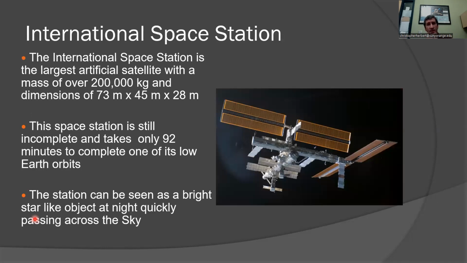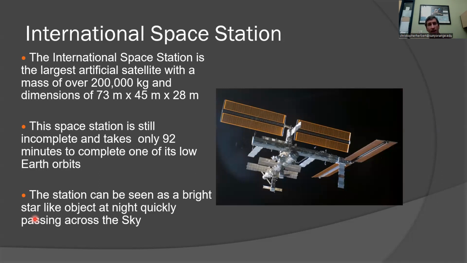The International Space Station is currently the largest artificial satellite at 200,000 kilograms. It has immense dimensions. It's almost as big as a football field, 73 meters by 45 meters by 28 meters. And like Sputnik, it orbits in low Earth orbit, which means that it orbits high enough that atmospheric drag is not going to slow it down and bring it back to Earth anytime soon, as long as we keep boosting it up.